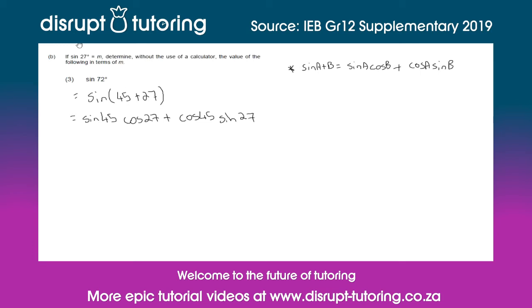And we also know that sine 45, you should know this off by heart, is root 2 over 2, and likewise cos of 45 is also root 2 over 2. So we can sub those in for root 2 over 2 times the cos of 27 plus root 2 over 2 sine of 27.